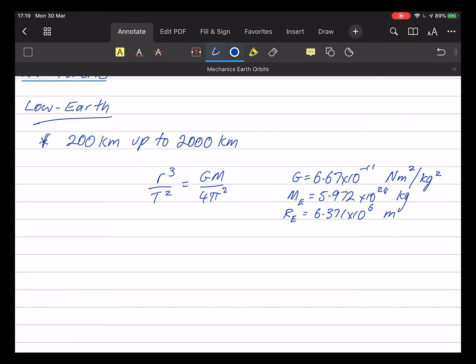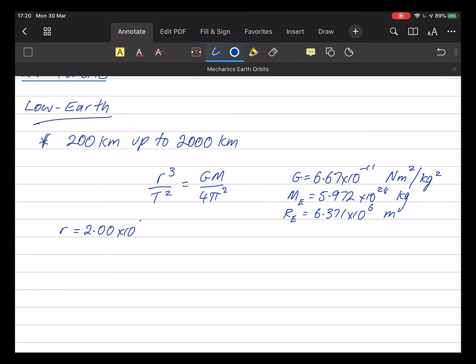So my value for the low Earth orbit must be the 2000, so 2.0. Let's not be too strict with significant figures.